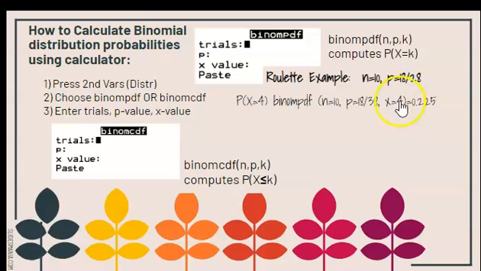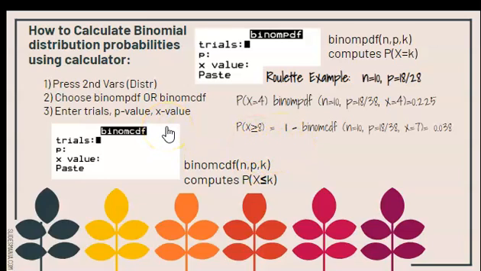But what if it asks me, what's the probability that it's greater than or equal to 8? Well, remember, this is a less than or equal to function. So I have to think about the distribution. If I only want 8, 9, and 10, like I did on the previous video, I have to take away all the successes 7 and below.